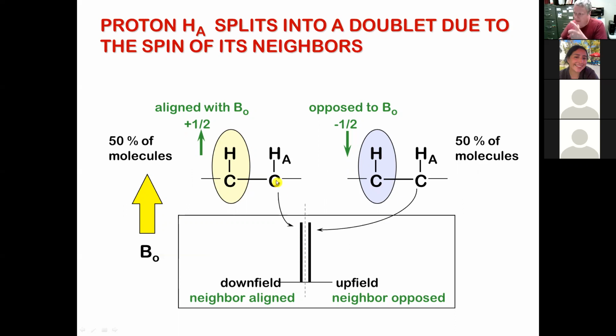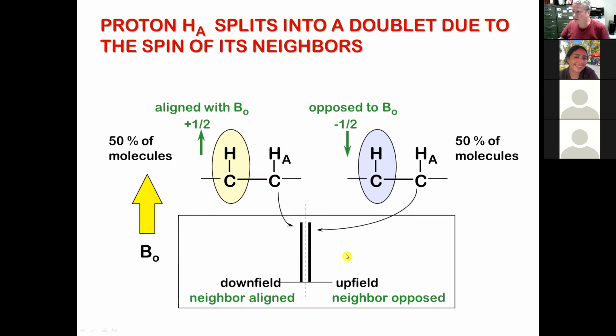Thus, HA will have two components to it: one that's a little bit aligned and one that's a little bit disaligned. So that's kind of why a doublet's a doublet. Why one neighbor? Because the magnetic field of the neighbor will subtly affect the chemical shift of HA.